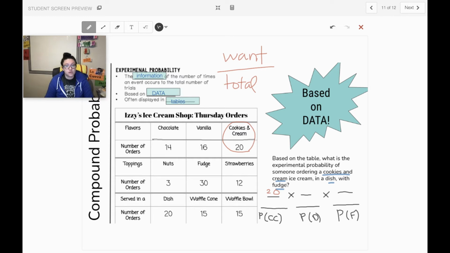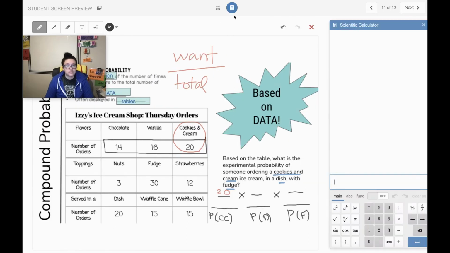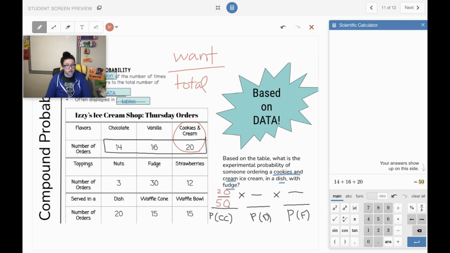So I need to add up just the ice cream numbers. 14 people ordered chocolate, 16 people ordered vanilla, and 20 people ordered cookies and cream. So the total number of ice cream orders here was 50. So 20 people out of those 50 ordered cookies and cream.